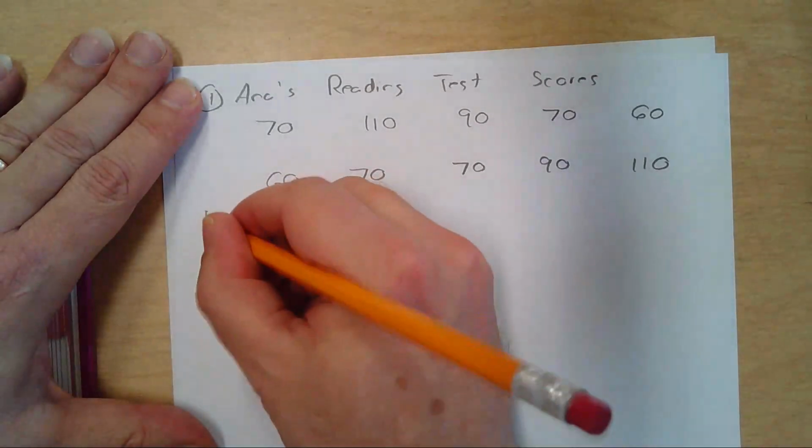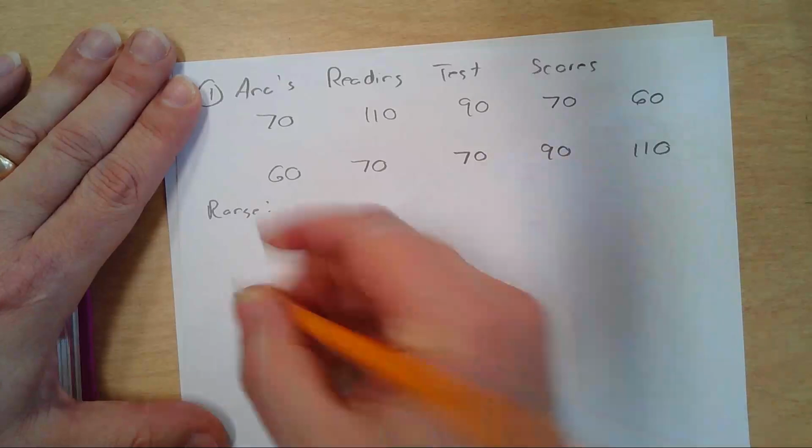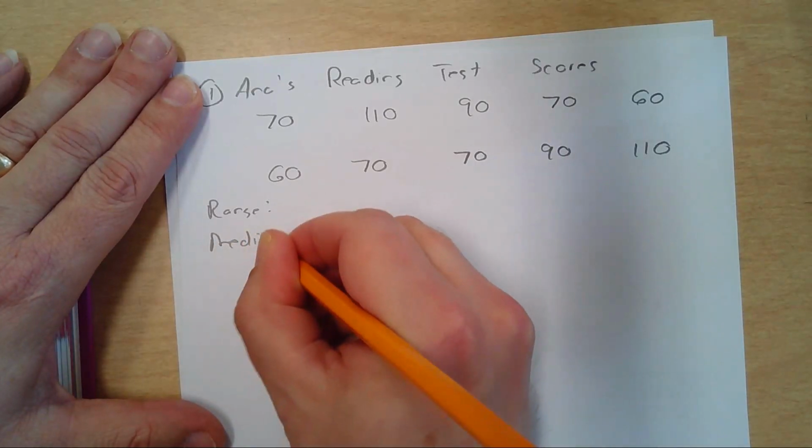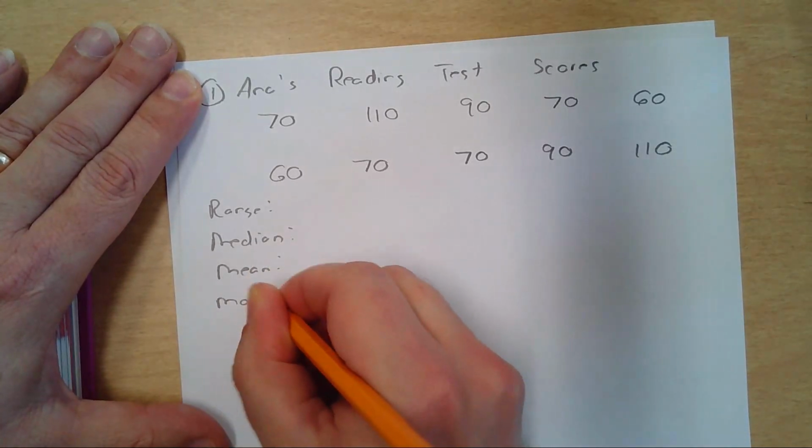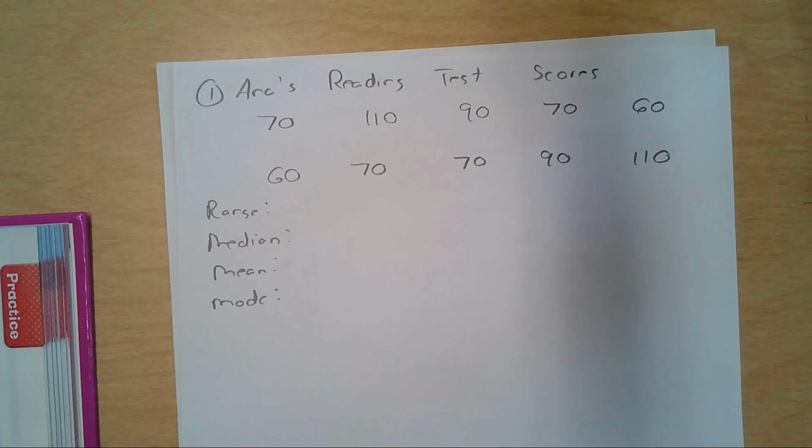So I want the range, the median, the mean, and the mode. And when I'm doing this type of work, I always figure them out in this exact same order. It helps me keep track of what I'm doing. So you can make your own choice.